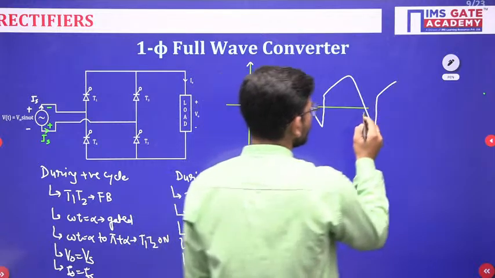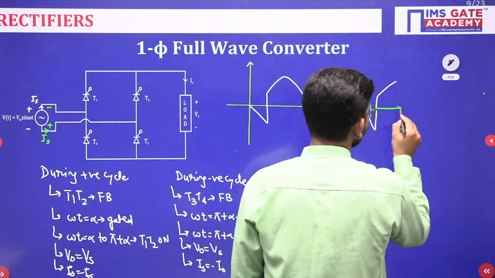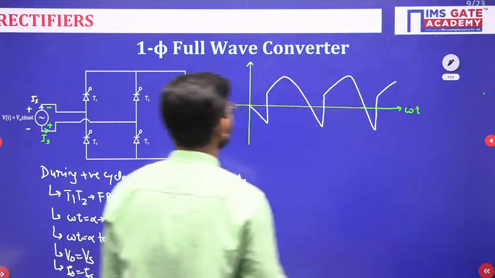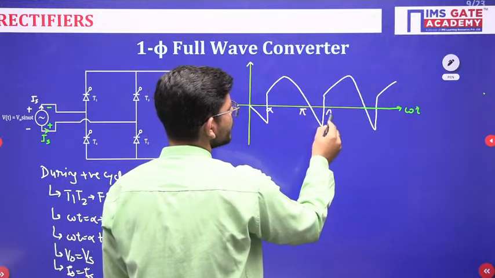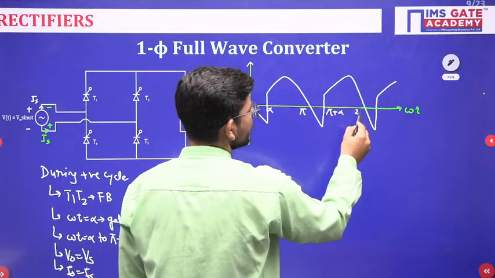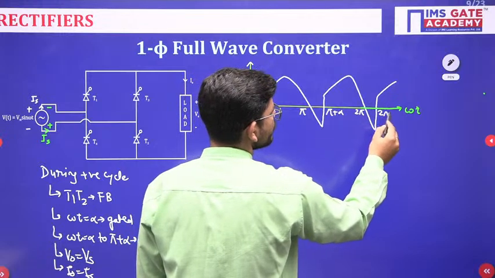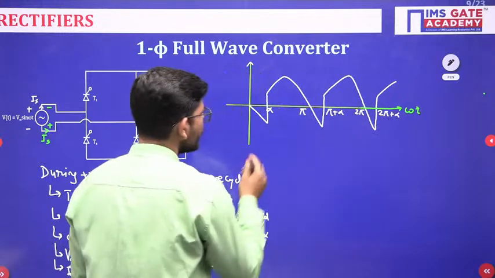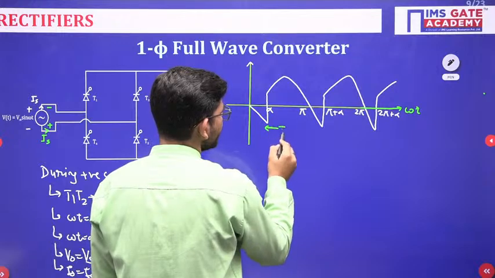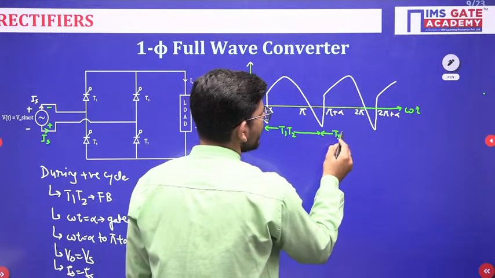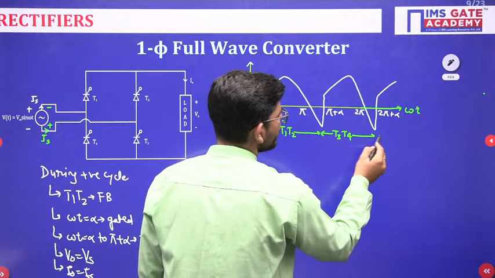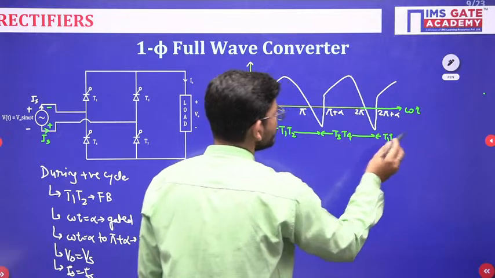Okay, the output current waveform will follow this particular shape, where this is alpha, this is pi plus alpha, this instant is 2 pi and this is 2 pi plus alpha. Now here T1 and T2 have conducted, here T3 and T4 have conducted. Again we will start conduction with T1 and T2.